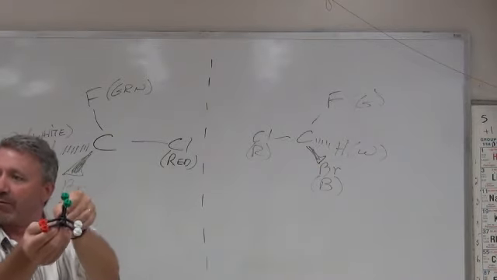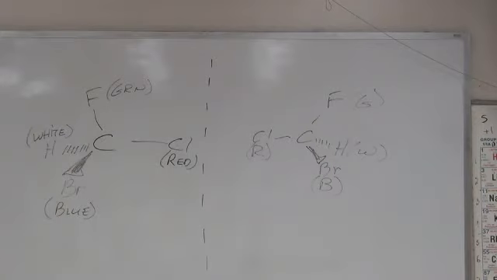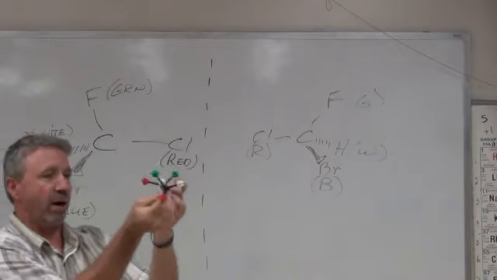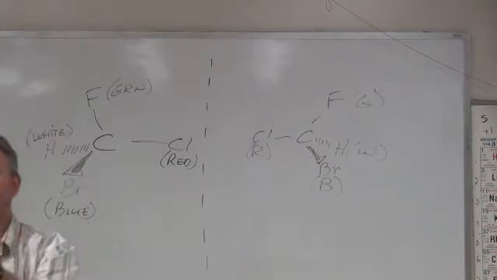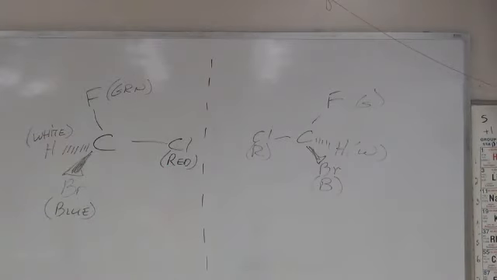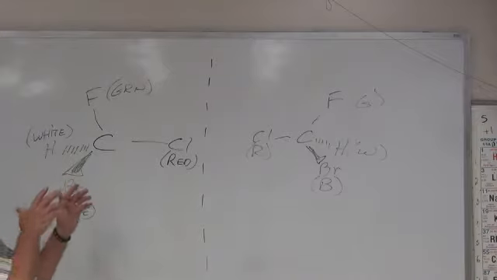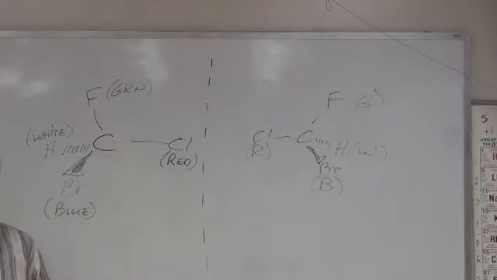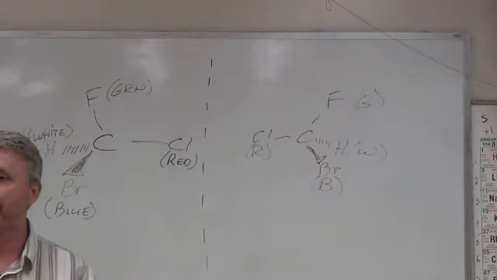That's why you have to have 4 different groups. So anytime you see a carbon with 2 of the same groups on it, in this case our little white balls, then it's going to be achiral. Achiral meaning not chiral. So, what we're looking for is a carbon that has 4 different groups on it.